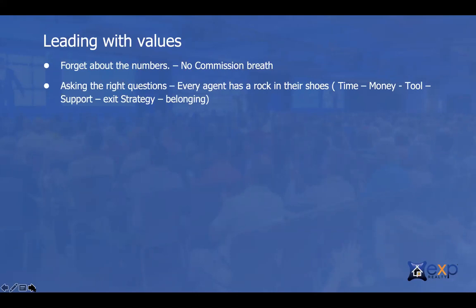They don't hang out with the agents that they want to hang out with. You need to ask the right questions to find out what the situation is with that particular company. And you have to peel the onion, if you will, because it takes time, just like dating, right? It takes time until people open up and tell you the real issue. So you have to be really patient here, take time to build a relationship, build rapport, and eventually you're going to find out what the rock in the shoe is, if you will.